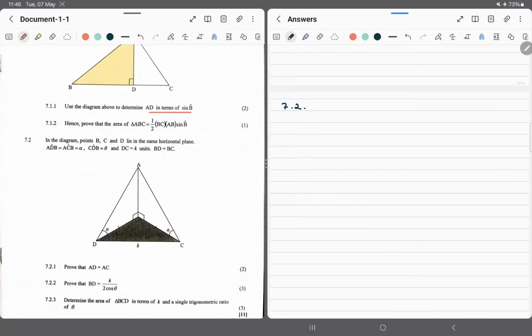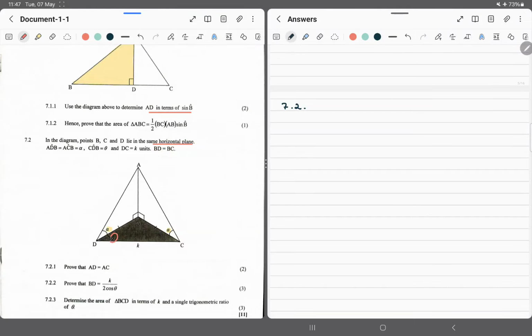It's like analytical geometry. It's terrible. In the diagram, points B, C, and D lie in the same horizontal plane. That is shaded. Now ADB is alpha. So there's our angle alpha. ADB is equal to ACB. Again, we still have our alpha here, equal to alpha, and CDB is theta.